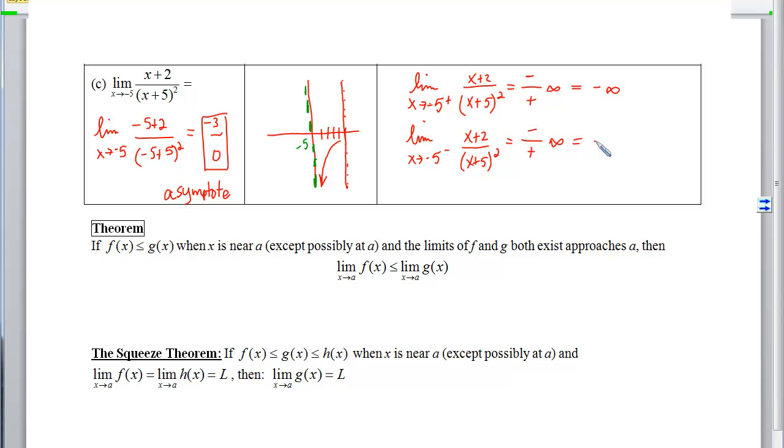So I end up with an overall result of -infinity. So coming from the left, I'm also heading down. Since both thumbs are heading down, I can say that the limit as x approaches -5 from both sides is going to be -infinity.